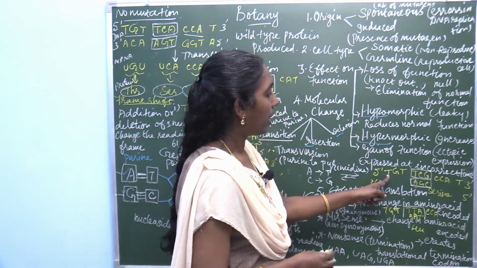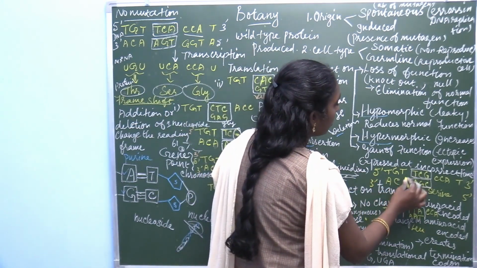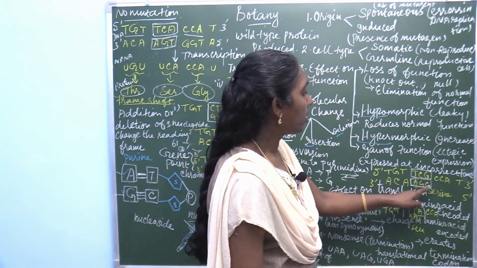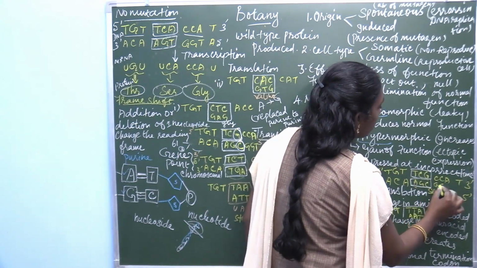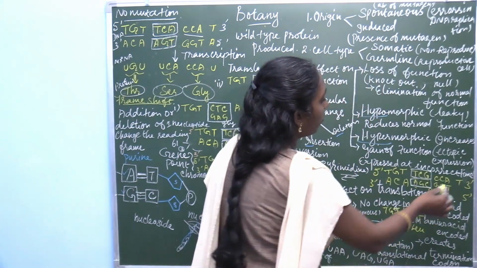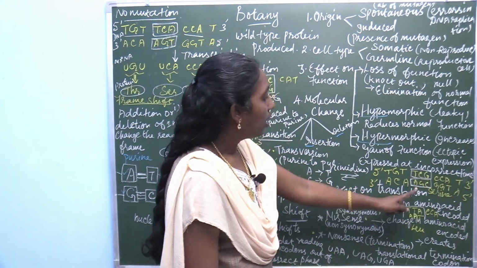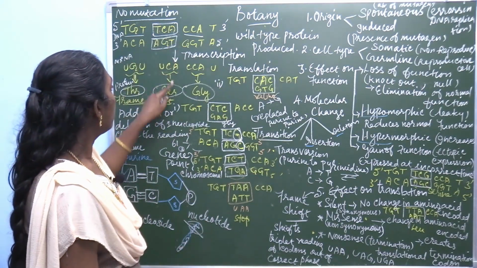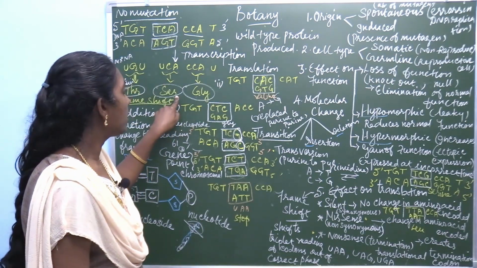Thymine combines with adenine, guanine with cytosine, thymine, adenine, cytosine, guanine, and so on. In the normal sequence, the amino acid formed is serine.